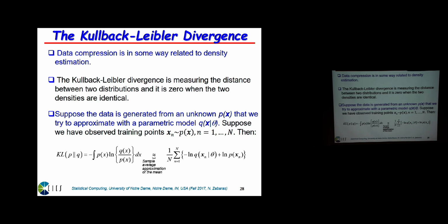So minimizing this distance is the same as maximizing, if you get rid of the sign, this summation here. And what is this summation? So a summation basically of the logs of Q calculated at this point x of n.